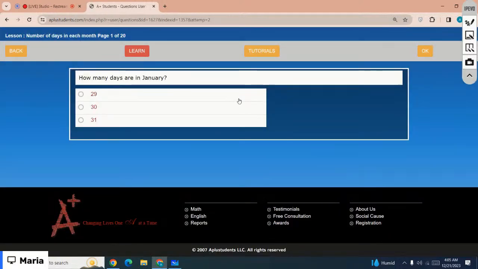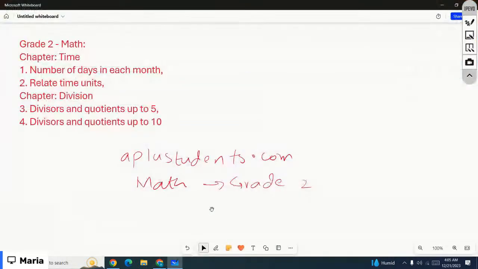How many days are in January? When you fold your hand, it is like this. This is your hand, like you folded hand. So use that.